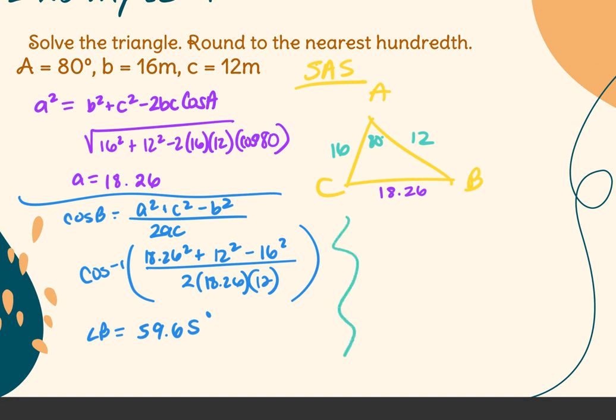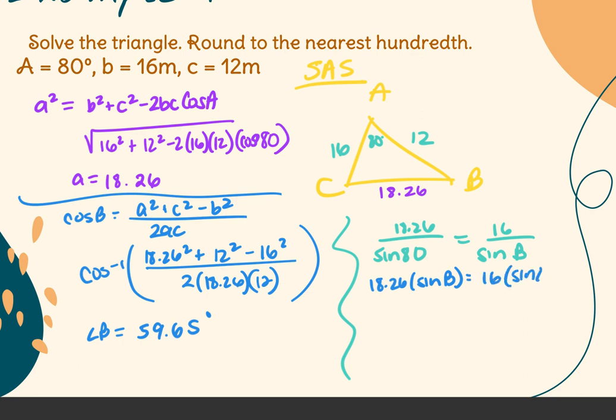Now, if I were to switch and use law of sines there, the full ratio I have is A. So it would be A over sine of A would equal B, which is 16, over sine of B. And then I can cross multiply. And I would divide. So 16 sine of 80 divided by 18.26.